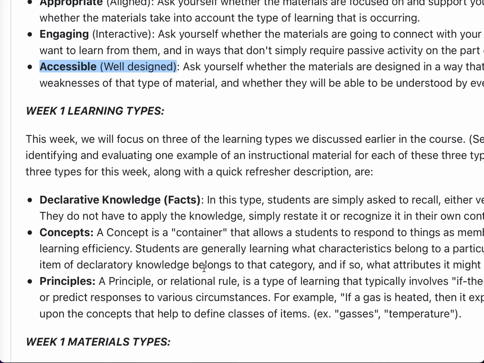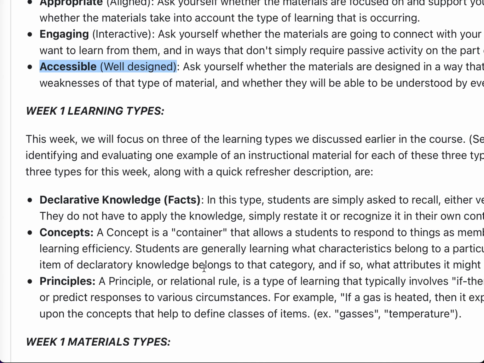Now, there's going to be a little bit of artificialness to this, because I am going to be pre-combining a type of material with a type of learning, just for the sake of this, because otherwise the number of possible combinations gets a little out of hand.